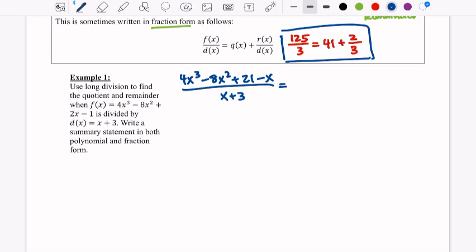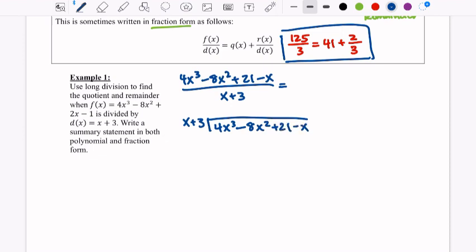Well, we're going to start this process with some polynomial long division. So I know that x plus 3 is my divisor, and then the cubic polynomial is going to be my dividend. So we have 4x cubed minus 8x squared plus 2x minus 1.